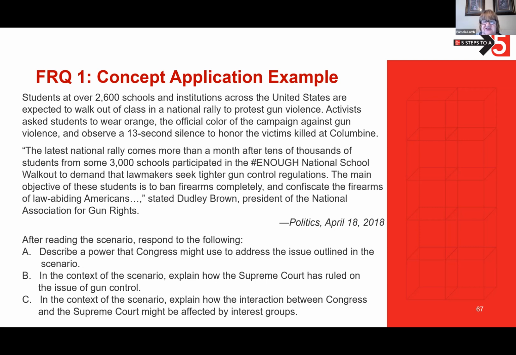You need to mention something about gun violence, gun control, something in relation to that in your answer in order to get the points. Refer back to the scenario. If you had said Congress could pass a law, you're not going to get the points because you didn't reference the scenario. So number one, make sure in A, you always tie back whatever your answer is to something from that scenario.